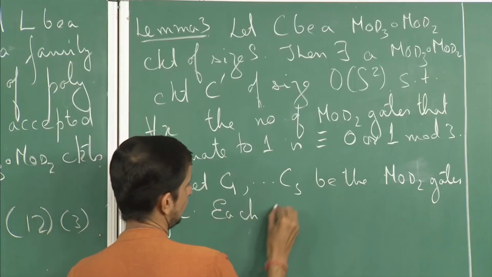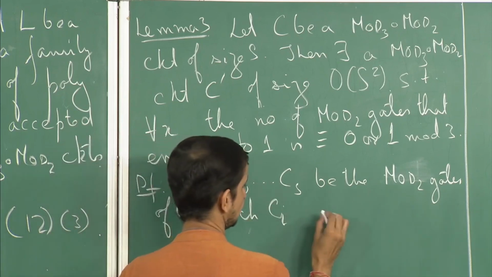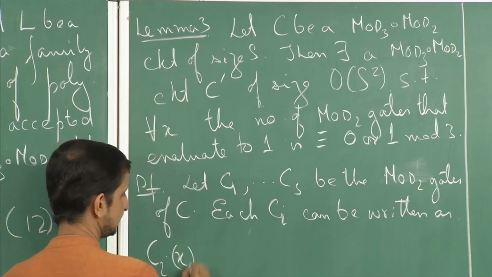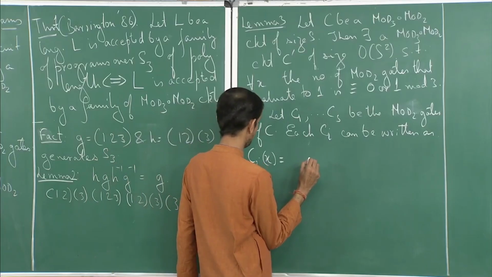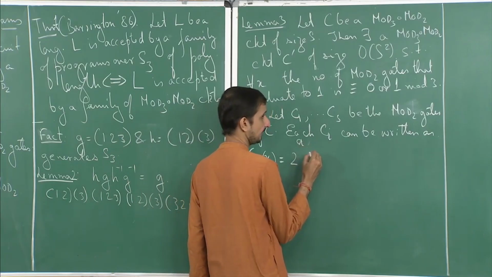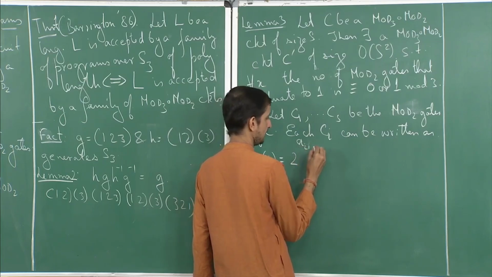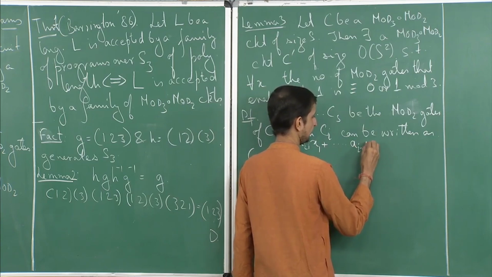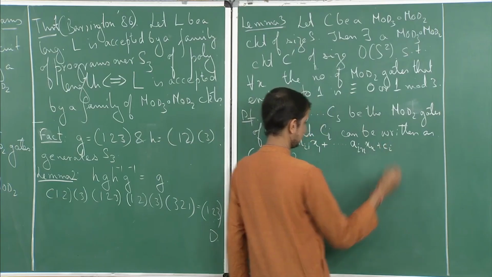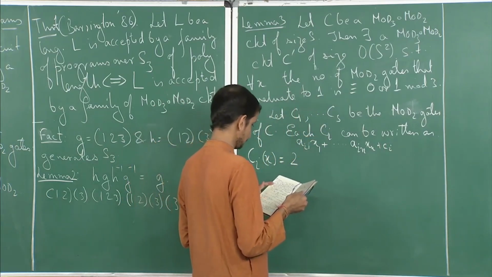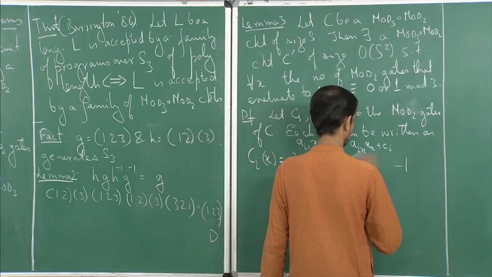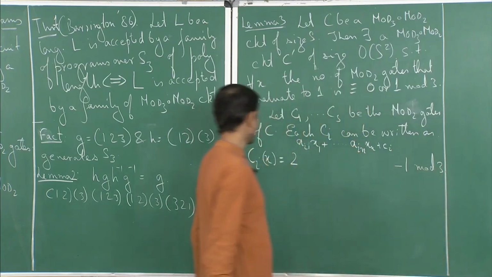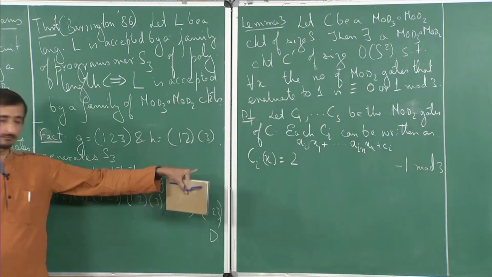So, we can write each Ci of x as 2 to the power ai1 x1 plus ... plus ain xn, minus 1 mod 3. So, what are these ais?